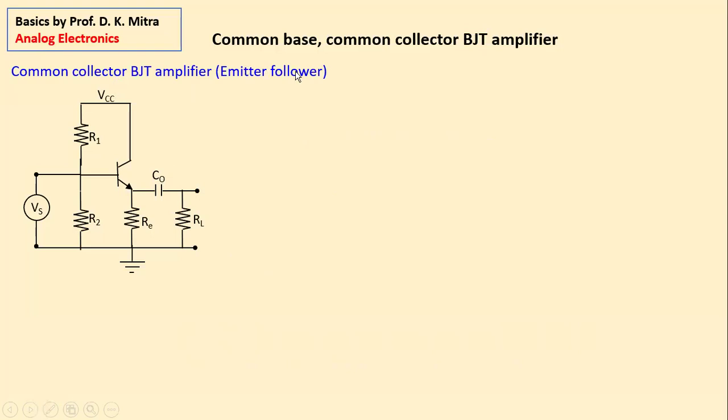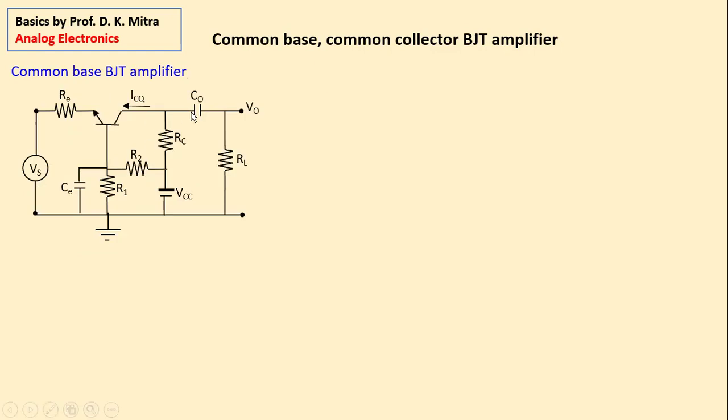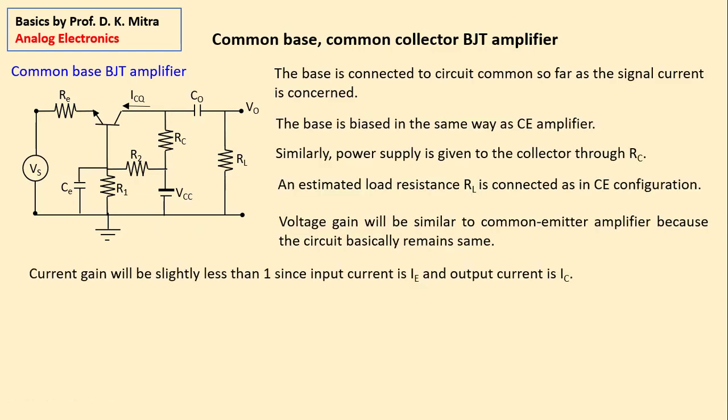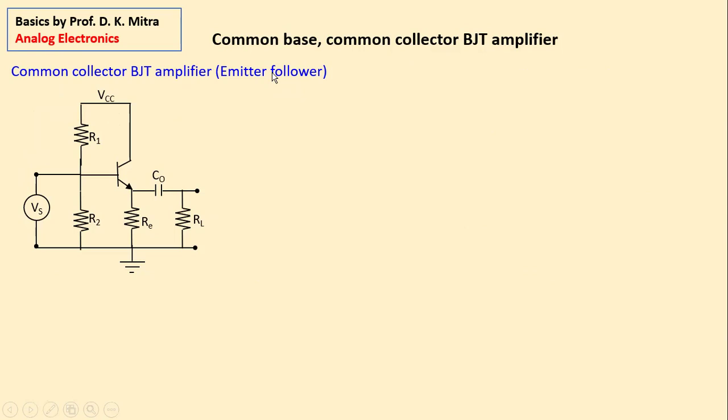Why is it called emitter follower? Because this output is taken from the emitter. Earlier, the output was taken from the collector. In both common emitter and common base mode, output was taken from the collector. But in the emitter follower mode, output is taken from the emitter. And why is it called follower?